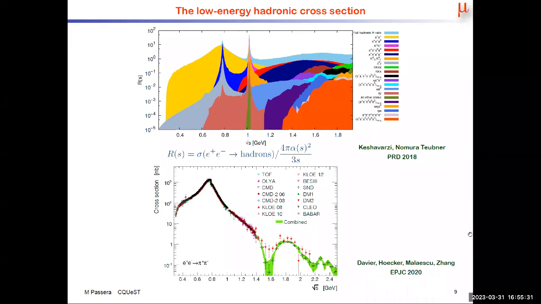Different groups use slightly different thresholds, so it depends on the collaboration which threshold you use for perturbative QCD. But it's not just up to 1.8 GeV; what you need is up to infinity, in fact. Of course, the weight will be less and less.